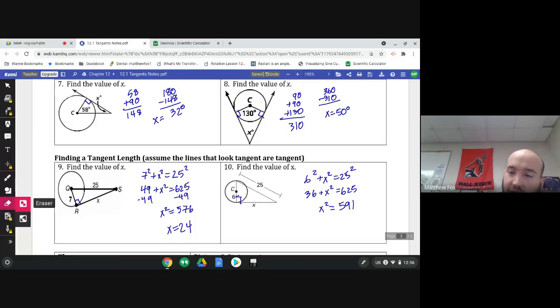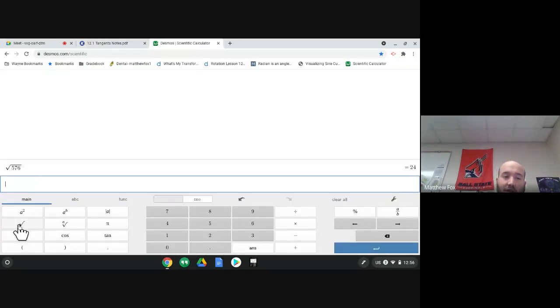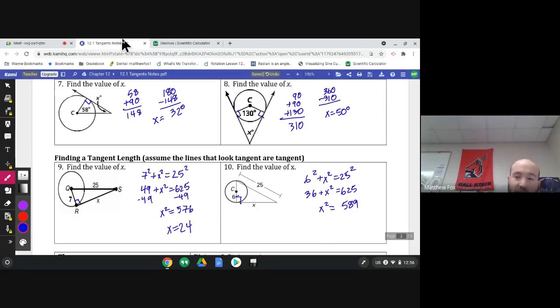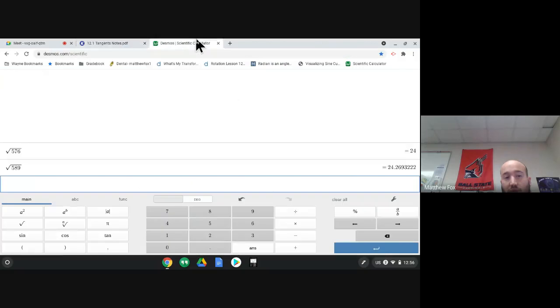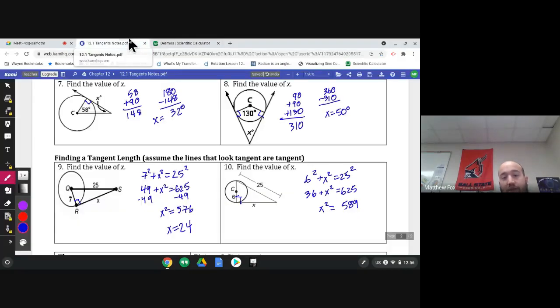Let me fix that. So when we subtract 36, we'll have 589. Trying to go too fast. Okay. And when we take then the square root of 589, hit enter, and you'll see here that we are going to, oh, I'm sorry. I am moving too quickly. Okay, let me fix something here.